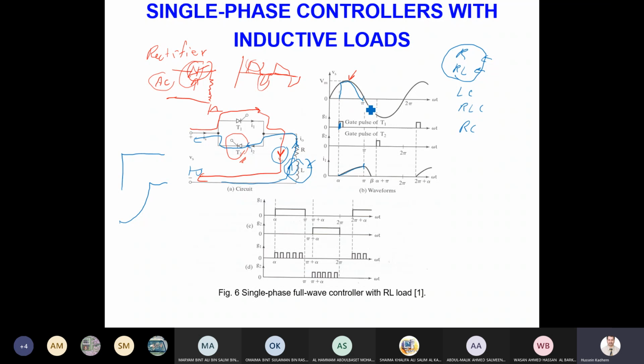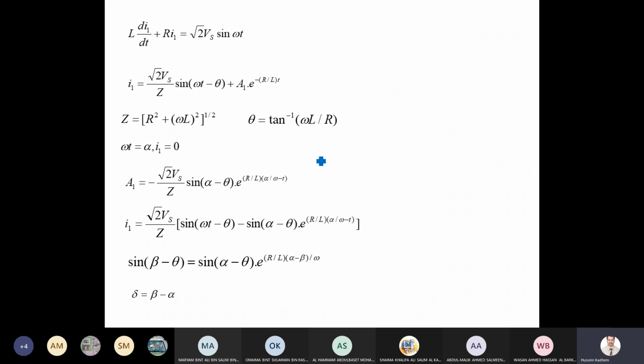The thyristor should stop conducting, but the inductance forces the thyristor to keep conducting, even though the voltage is negative, until it releases its energy at beta. Alpha is the firing or delay angle, and beta is the extinction angle. The difference, beta minus alpha, equals delta. Delta is the conduction angle, how long the switch will conduct. We discussed this before.